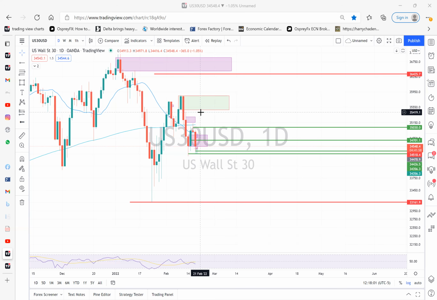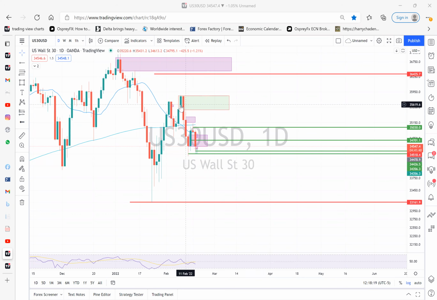You'll win 90% of those trades. That is a strategy. A concept is trading order blocks and understanding where your imbalances are. That is a concept. There's a difference.